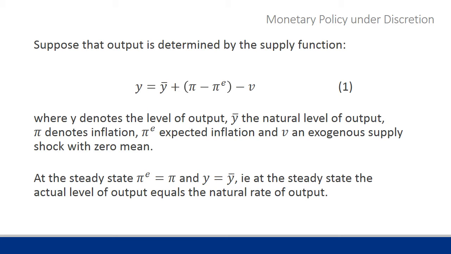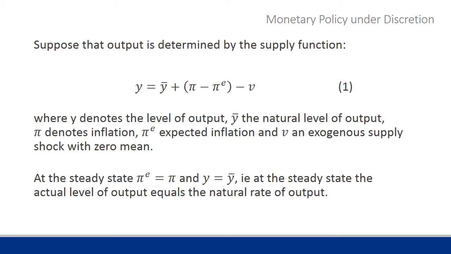Now suppose that output is determined by the supply function. Output supplied is equal to its natural rate, the long run rate of output, plus some deviation from the natural rate caused by an inflation surprise, which is the difference between inflation and expected inflation. And output may also be negatively affected by supply shocks.